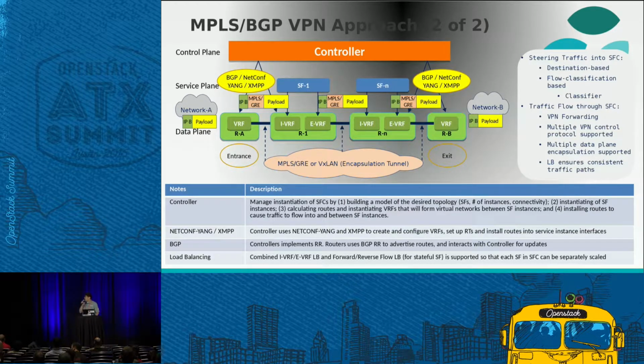In the route advertisement, you can see that the next hop will be the IP address of the ingress VRF, and it will also advertise information about the tunneling capabilities supported in the next hop. For example, it could be MPLS over GRE typically, or VXLAN, and it will also advertise the MPLS labels, which identify the interface that's connected to the service functions.